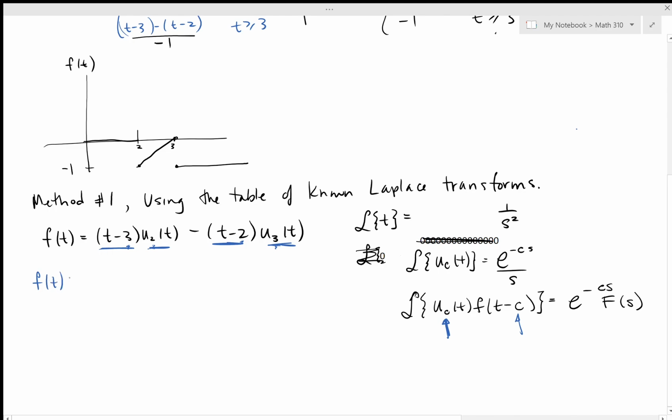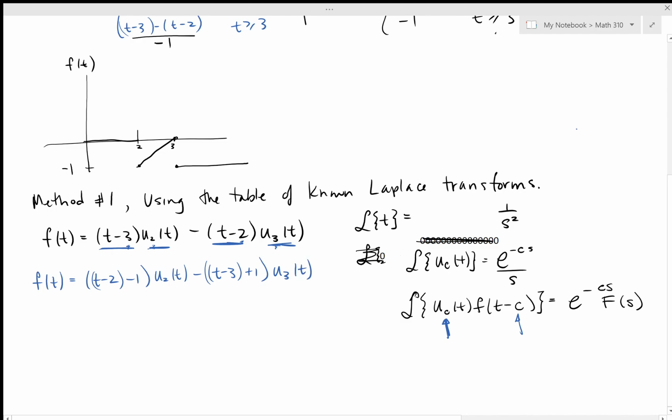That will then look like this. f of t equals 2, and I'm going to write t minus 2, thinking of that as one piece, and then minus 1, because that is still t minus 3. And then I've got u2 of t, and then I'm going to write this one in this manner, t minus 3, thinking of that as one piece, and then plus 1 times u3 of t.